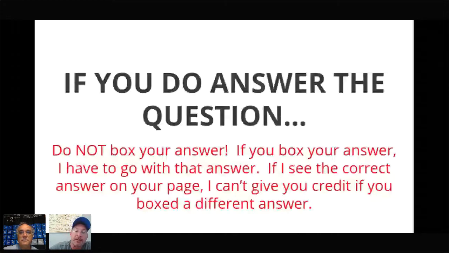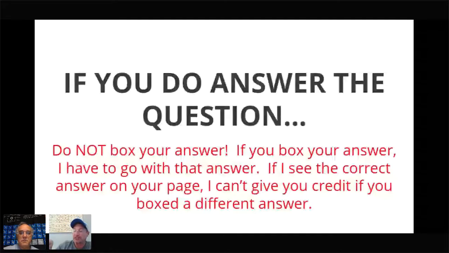And what I mean by that is, let's say you're working out and you got all this math down here and you get to an answer of 20 or something like that. But if I, the reader, happen to see the correct answer somewhere in your work, okay, I will take that answer.